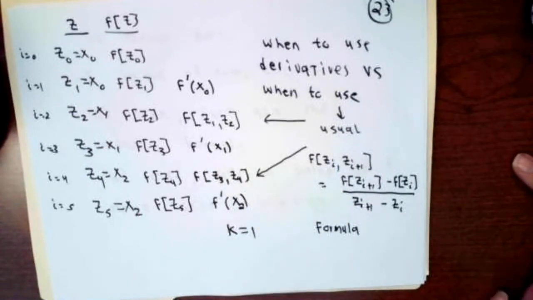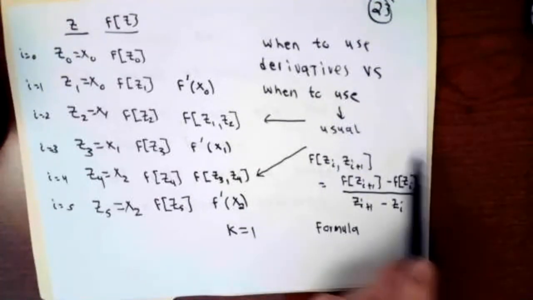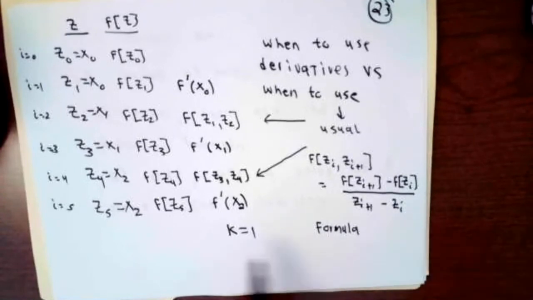Then I do my last derivative value. This is how I'm going to establish column k equal 1 of my Hermite table. After that, though, for k equal 2 out to however many columns you have, you're always going to use the usual formula, which in the case of column k equal 1 is this formula.